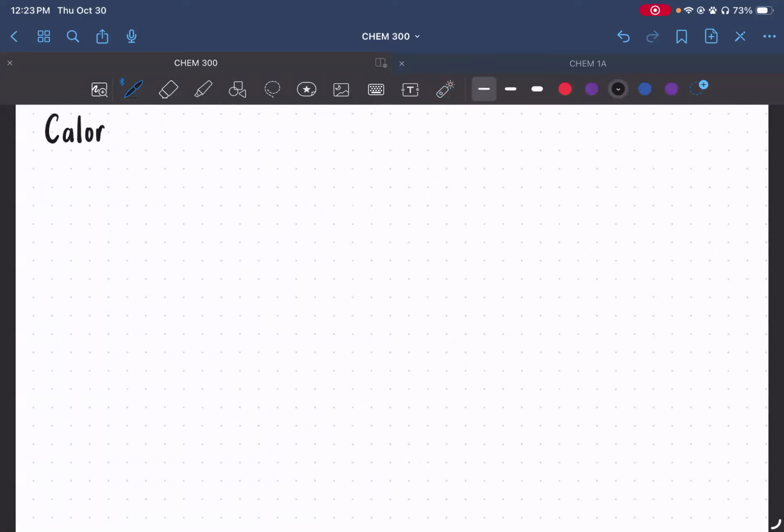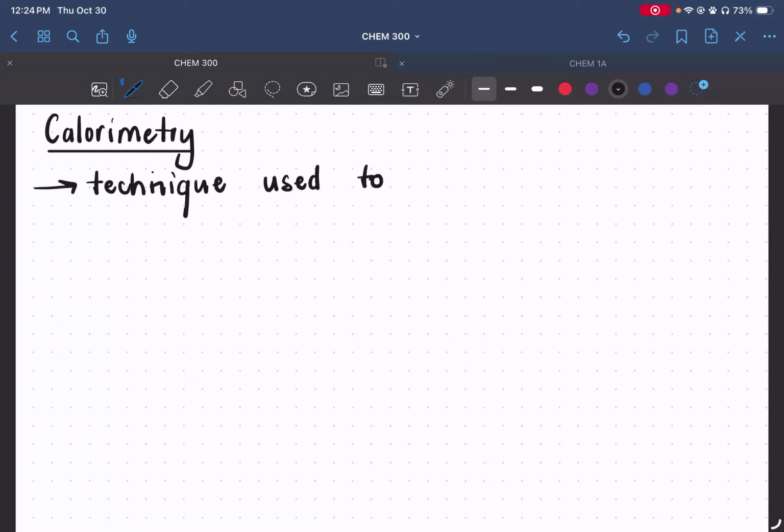Let's talk about calorimetry. Calorimetry is the experimental technique that is used to determine the energy of a reaction.